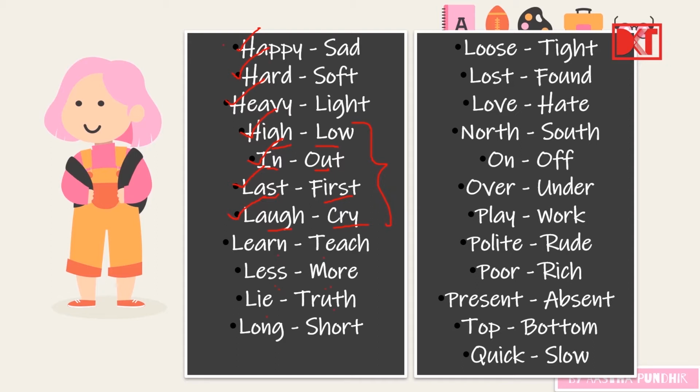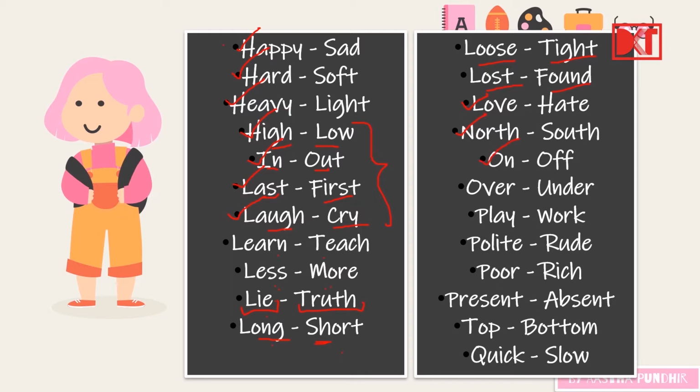Lie and truth. Remember I told you on the previous slide? False and true हो जाएगा lie and truth. Long and short. लंबा and छोटा. Loose and tight. Lost, found. Love, hate. North, south.